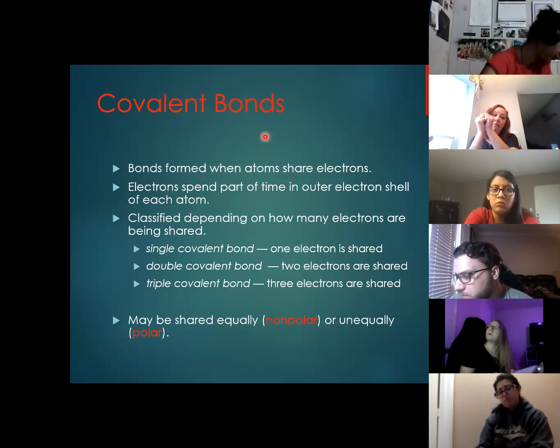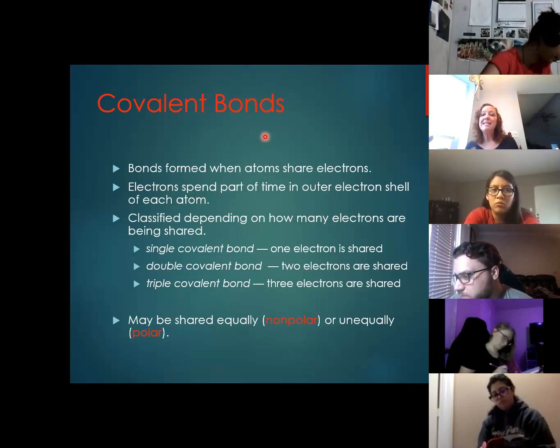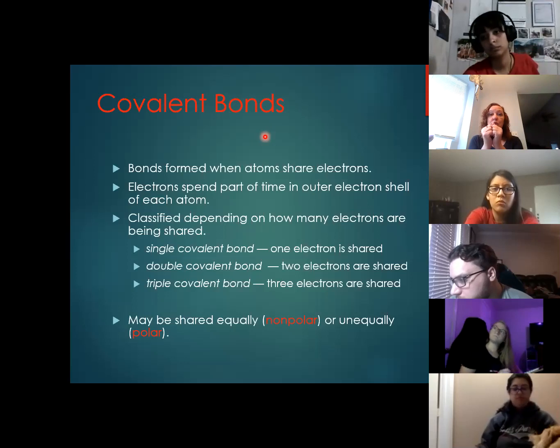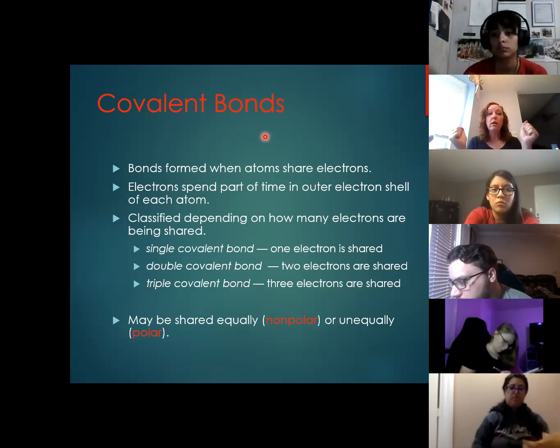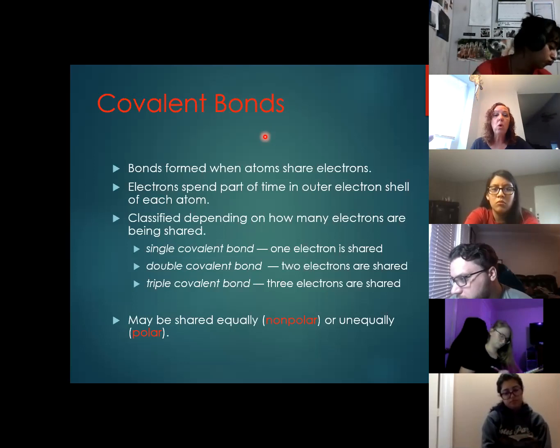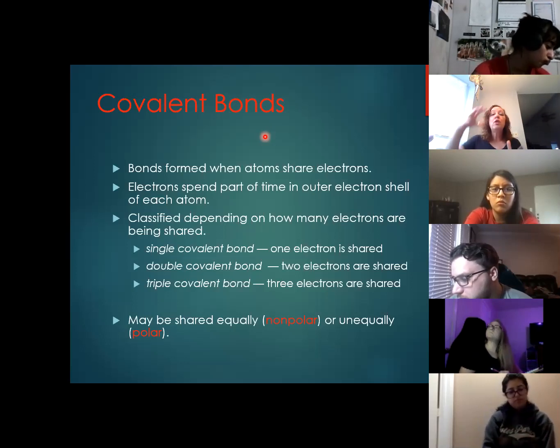They are the same. So when we're referring to these as a charge, non-polar would be no different, meaning that they have the same charge. Polar means different, meaning that we have two different charges. North Pole, South Pole, the two different opposite ends of the planet.